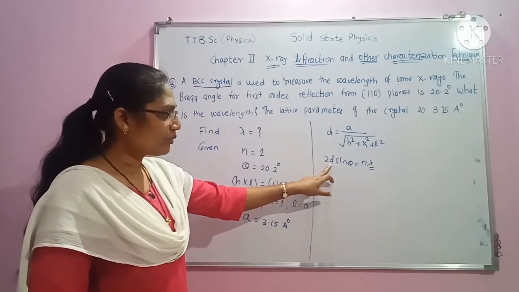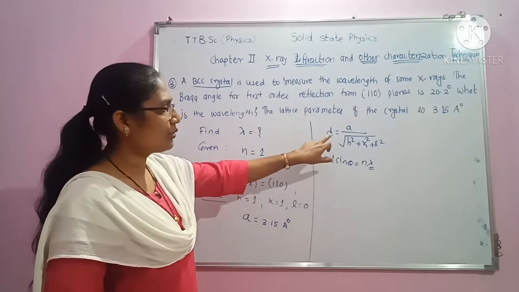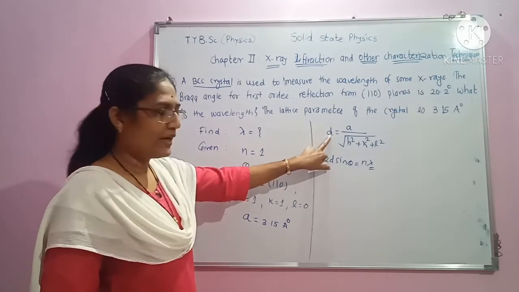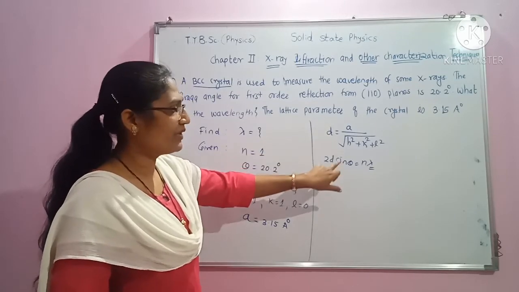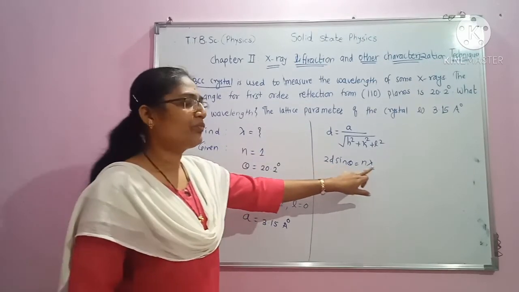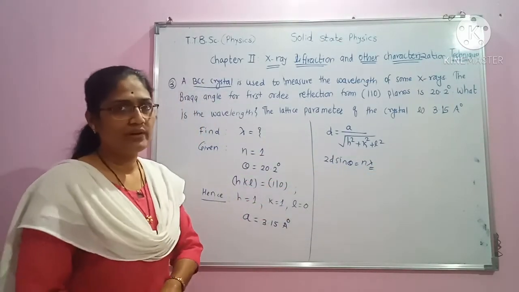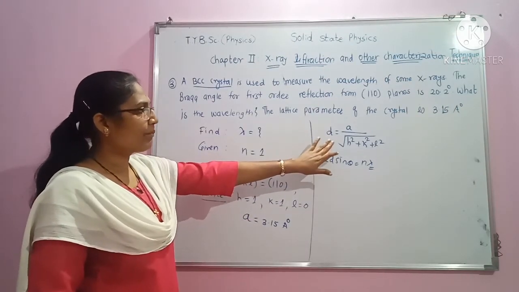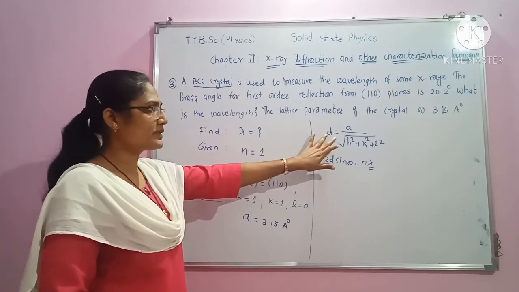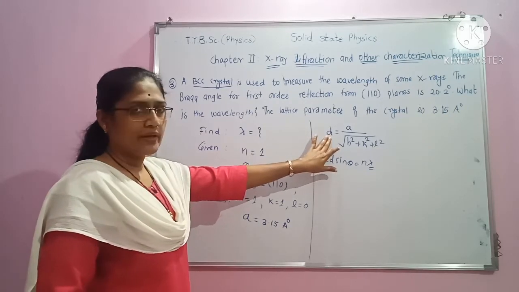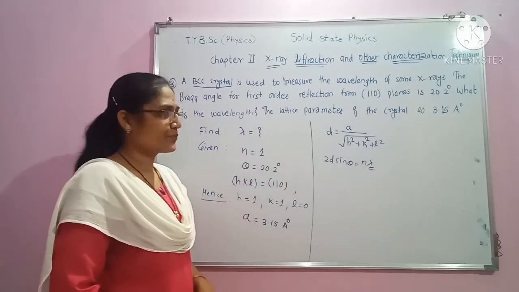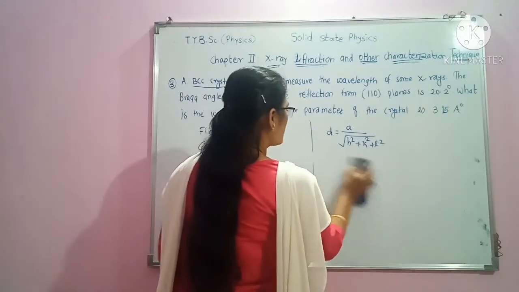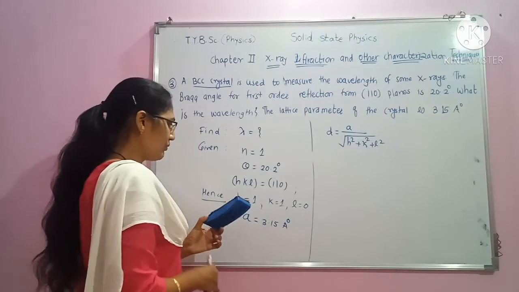So in order to calculate d, we should use the first formula, find the value of d, and substitute this value of d in Bragg's law to find the final value of lambda. So we will start our example with the relation between interplanar distance and the edge, and first substitute these values and find the value of d.